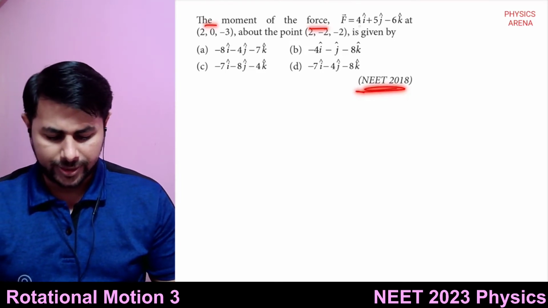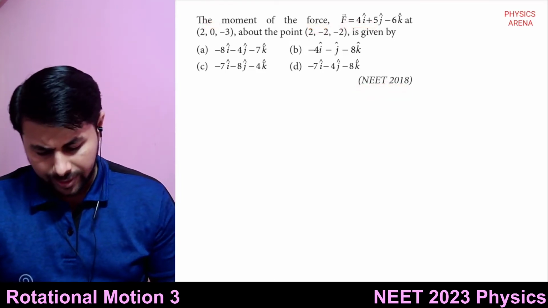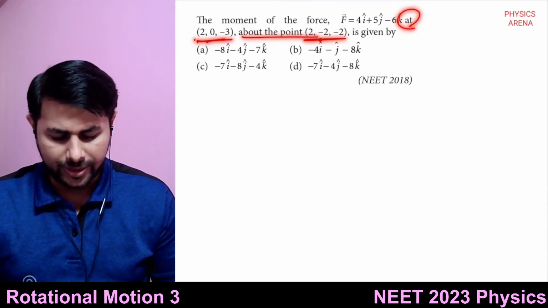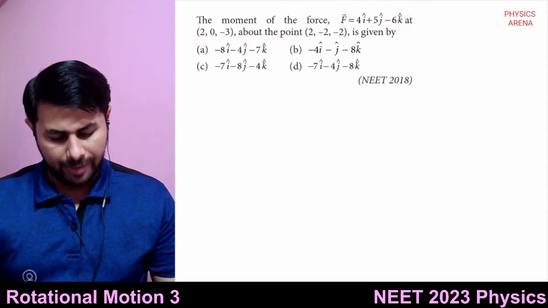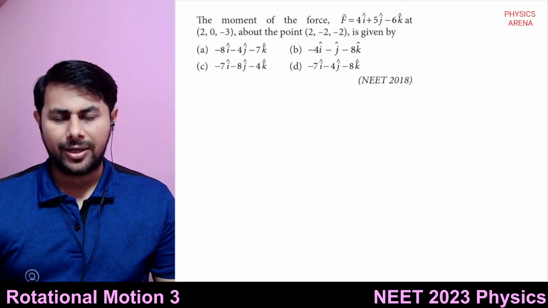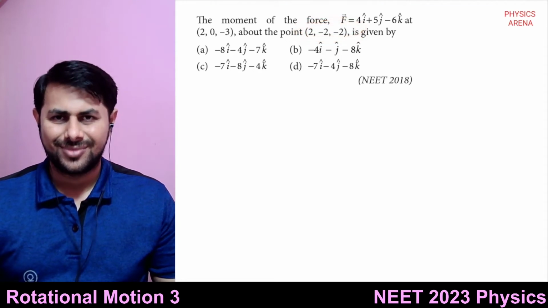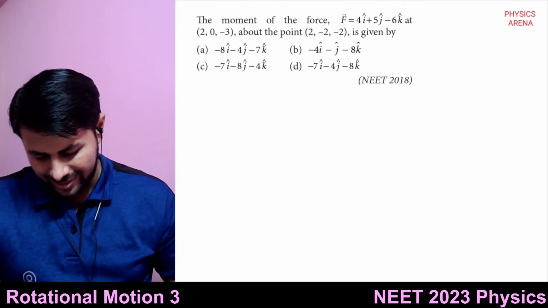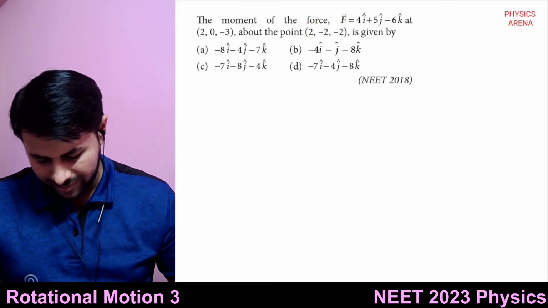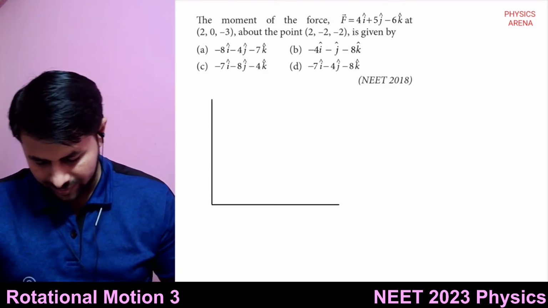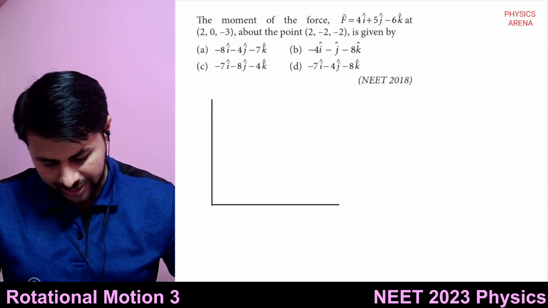The moment of force, this is the force, which is acting at this point, about a point 2, minus 2, minus 2. So now we don't have to find it about the origin. We have to find it about this point. Let's suppose this is some point. Okay, so let me explain what is the case.